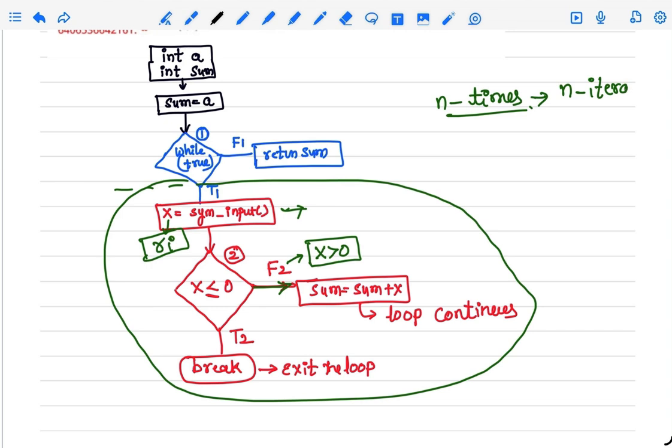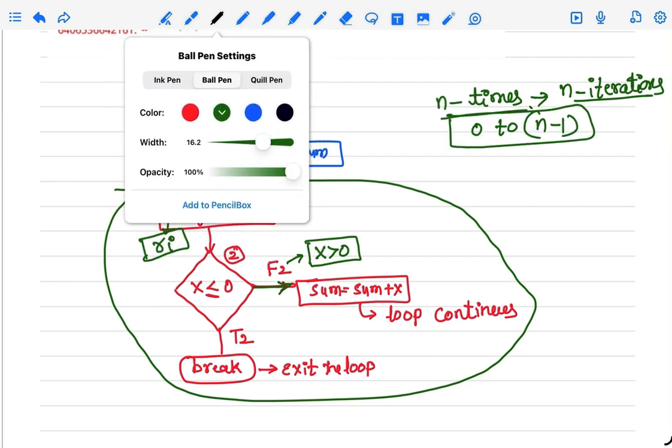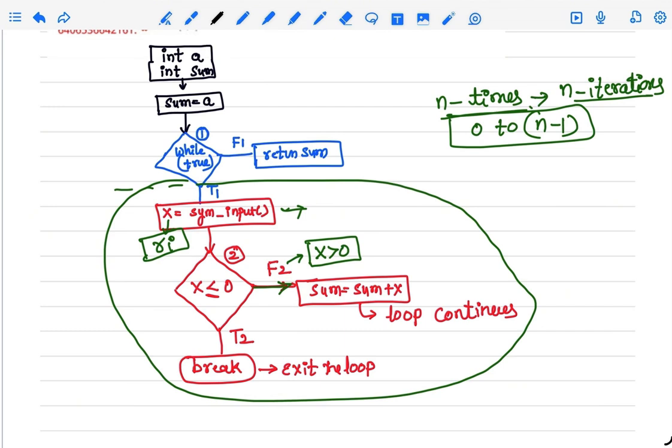Generally the loops are executed from 0 to n minus 1 times. For example, 0 to 5, how many times is the loop executed? 6 times. 0 to 5 means 6 times. That is 0 to n minus 1 means n times the loop is executed, that is i is ranging from 0 to n minus 1.